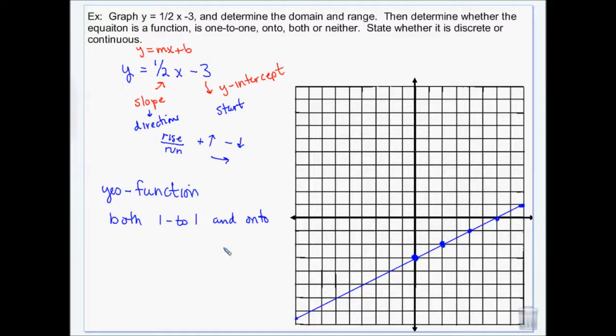Could you show an example of when it would only be 1-to-1? Yes, a parabola. No, sorry, that's not 1-to-1. That's not a parabola, this would be 1-to-1.